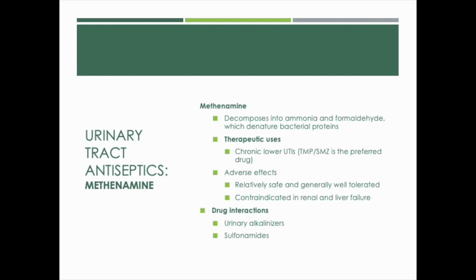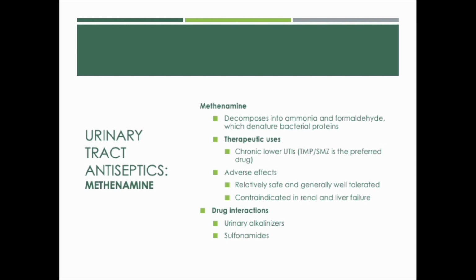The drug interactions, the two ones are urinary alkalinizers because they will elevate your urinary pH and inhibit the formaldehyde. So then it's just going to inhibit the antibacterial effects. So patients that are taking methenamine shouldn't be also on alkalinizing agents. We want to keep the urine acidic.